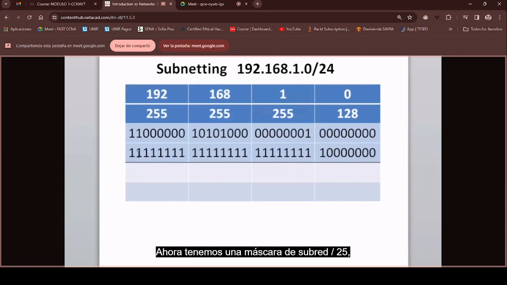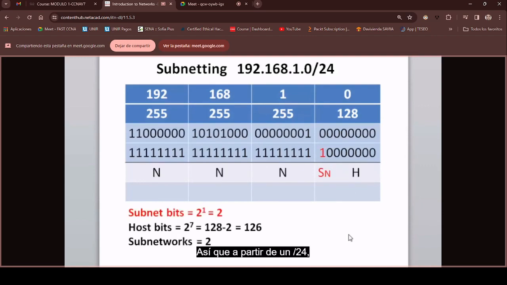We now have a /25 subnet mask, and we only have 7 host bits. So starting from a /24, we have borrowed 1 bit from the host portion. We call this 1 bit a subnet bit. If we look at it from the perspective that we started with /24, we've added 1 bit.